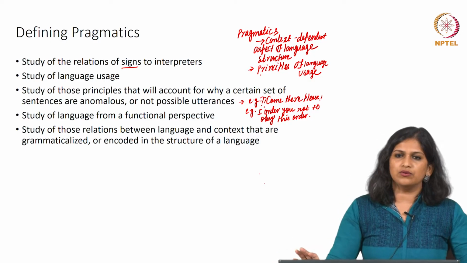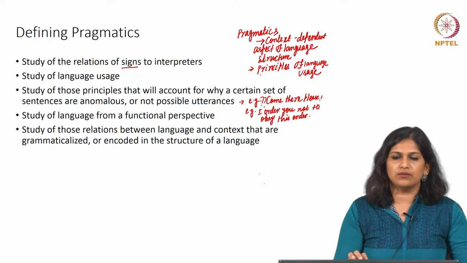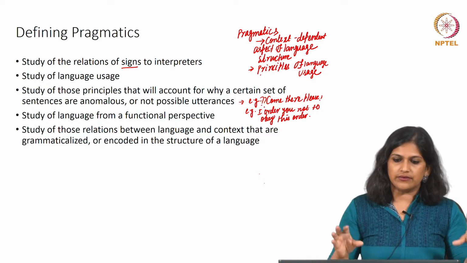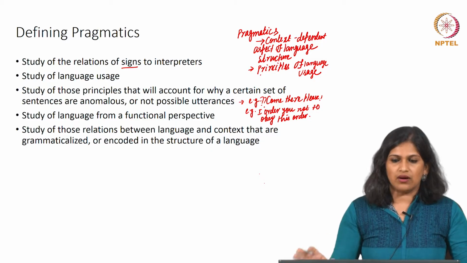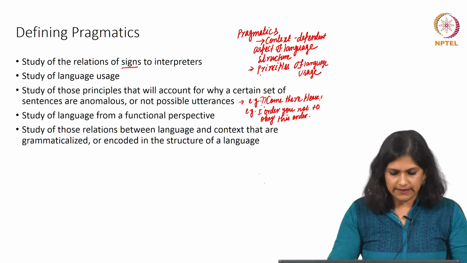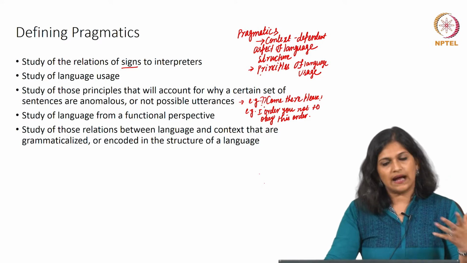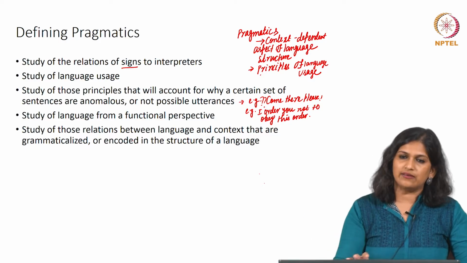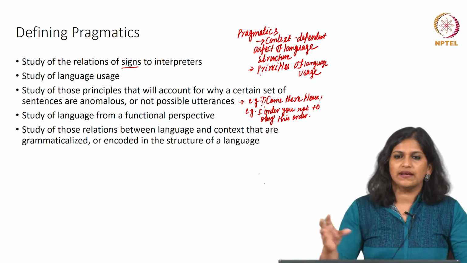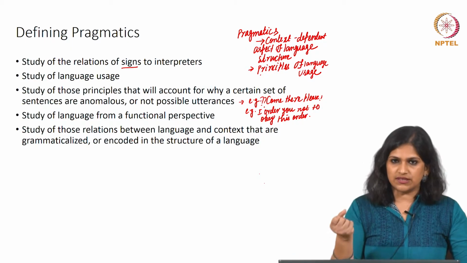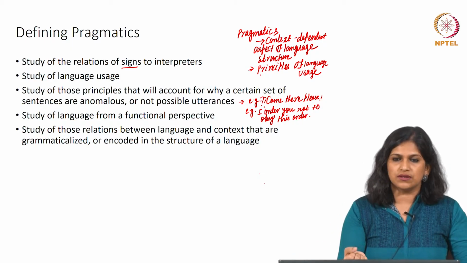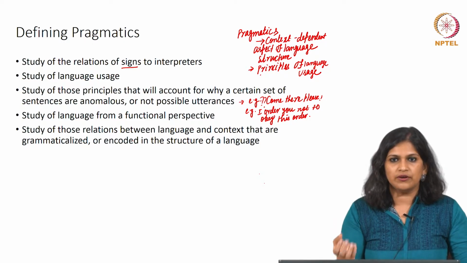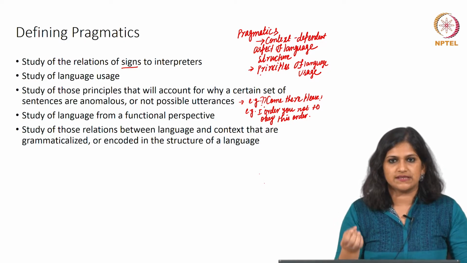So, the sharpest definition of pragmatics would be to study the relation between language and context that are grammaticalized, or how it has been encoded in the structure of language. That takes care of both the structural aspect as well as the functional aspect. Just limiting it to language use, language description or a functional perspective would not do enough justice to pragmatics.